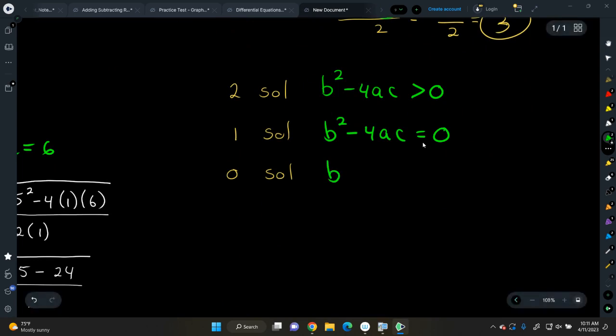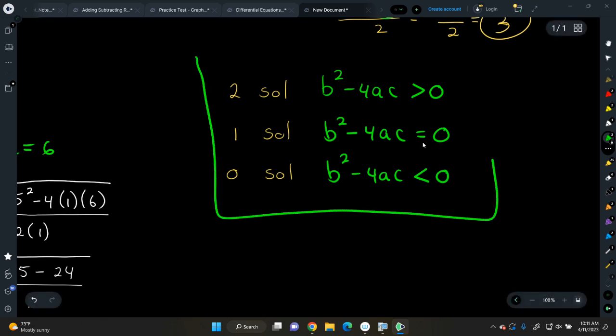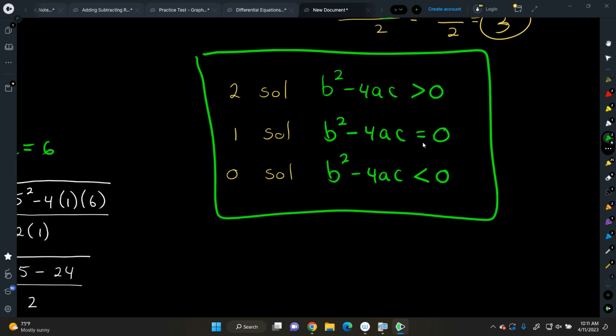When there were no solutions, the number inside the square root was less than 0. It was negative. Okay? This is how we can tell right away how many solutions there are. This is called the determinant. Okay? Questions?